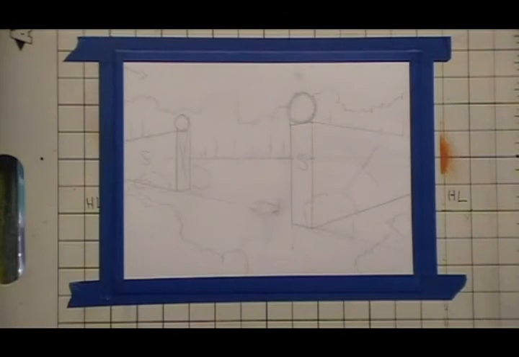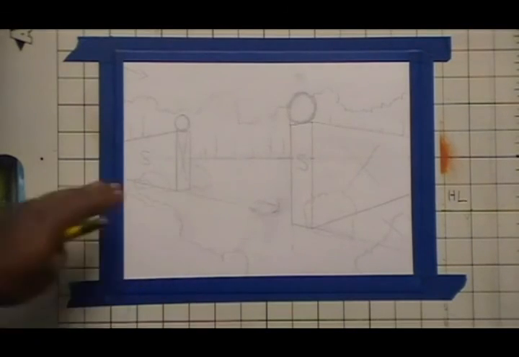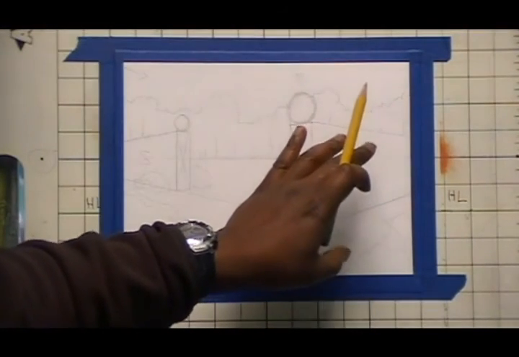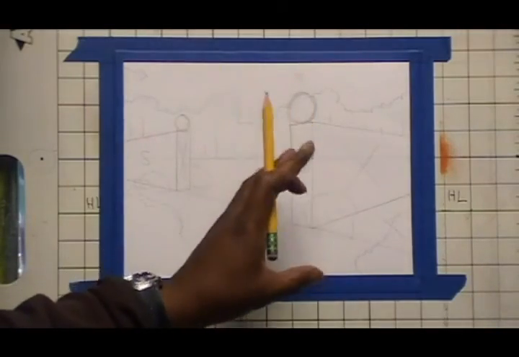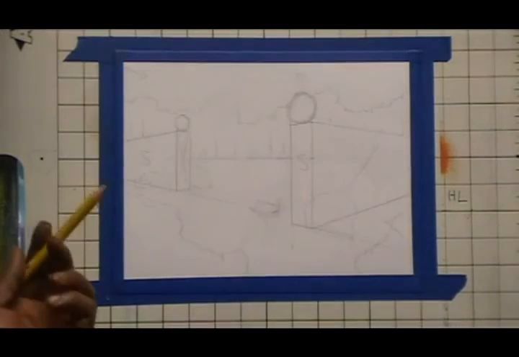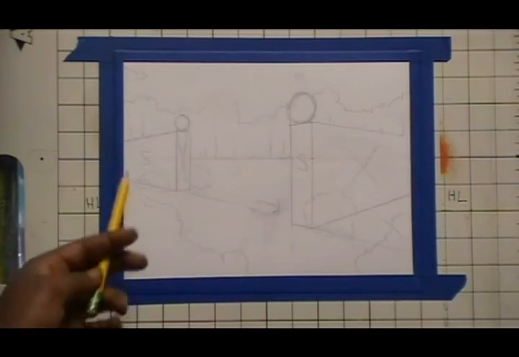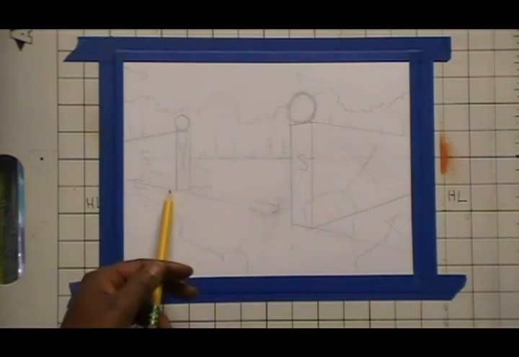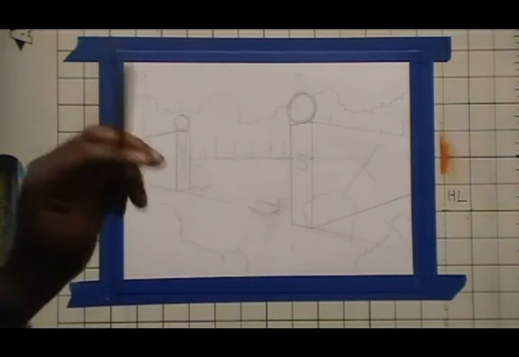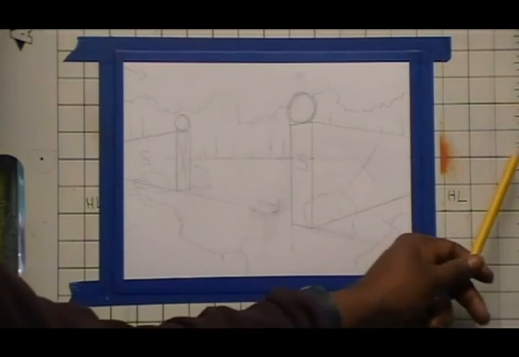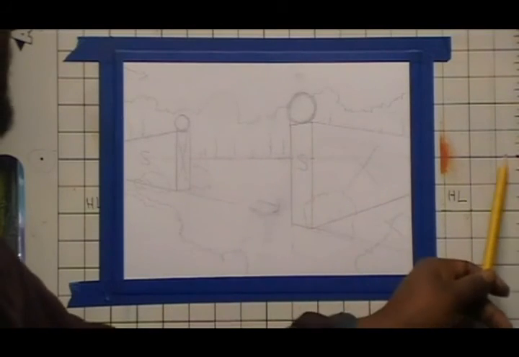Okay, so two-point perspective, always have your horizon line and your vanishing point. All right, anything that's closest to you will be larger, going to the vanishing point to the right. And in this instance, for the picture, the main wall, secondary wall, will be at the vanishing point to the left. Okay, the corresponding angles to give you a sense of depth will also go to the vanishing point on the opposite side.